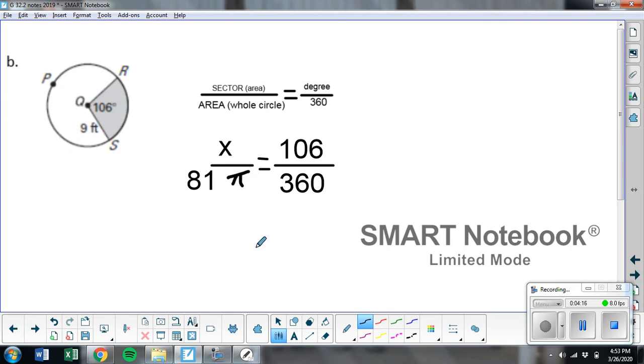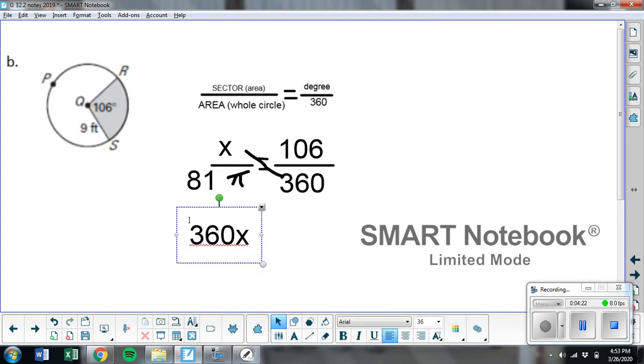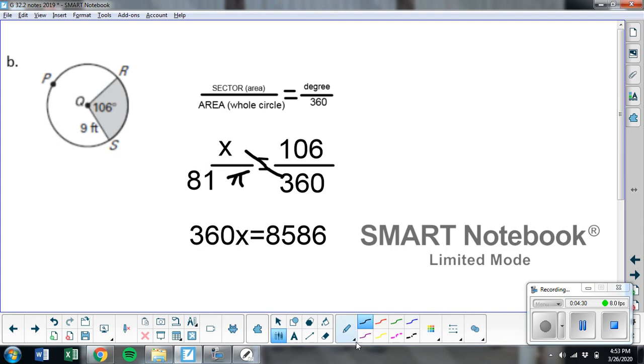Okay, we're ready to cross multiply. 360x equals 106 times 81. I'm just going to leave the pi instead of typing it, and then divide both sides by 360.